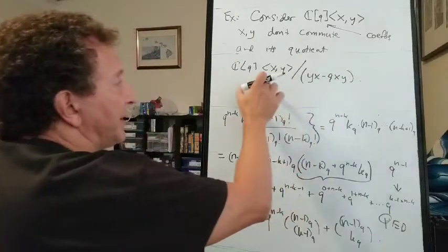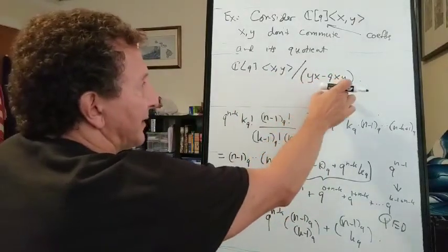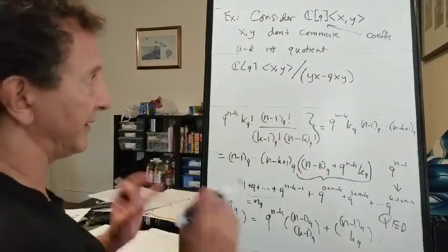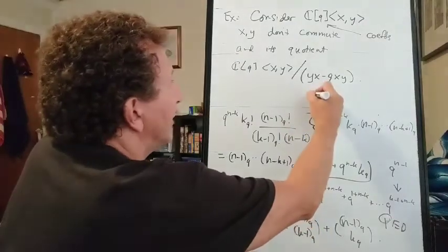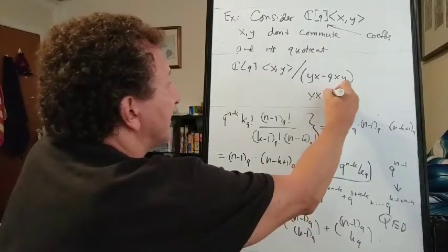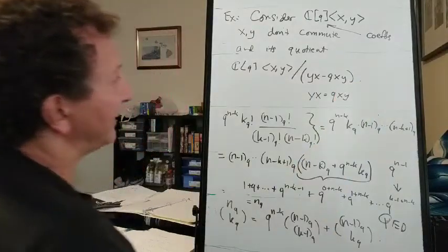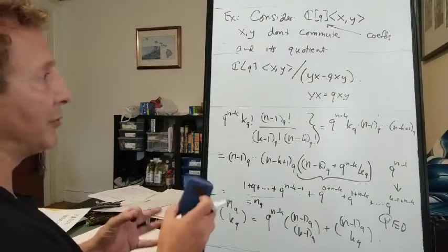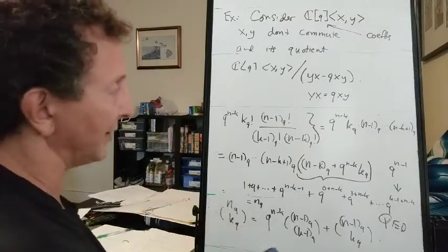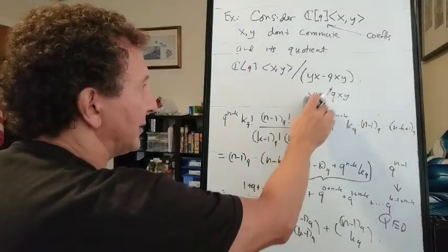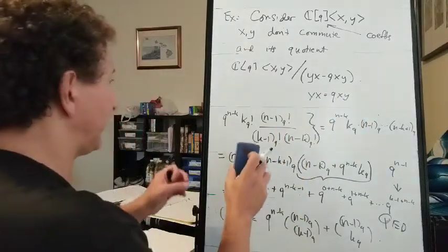When we take a quotient of a ring by an ideal, that's saying that everything in the ideal gets set to 0. So we're saying that yx gets set equal to qxy. So basically you can write every monomial in this ring with the x's before the y's. If you ever see a y before an x, you can switch them and put a power of q in there.